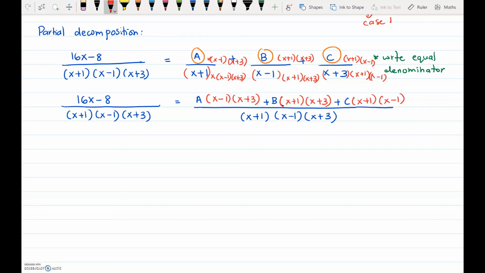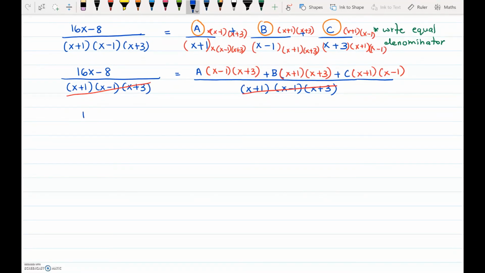Okay, class? Alright. So next, you will cancel off your denominator, and you only have the remaining equation: 16x - 8 = a(x - 1)(x + 3) + b(x + 1)(x + 3) + c(x + 1)(x - 1).